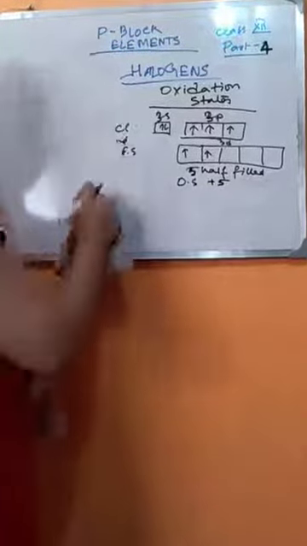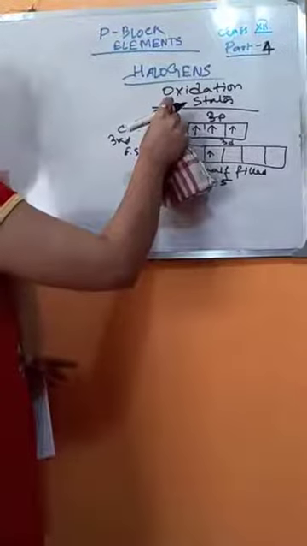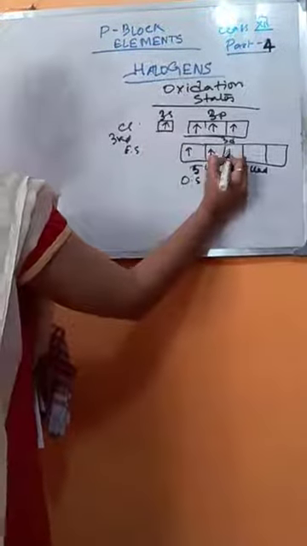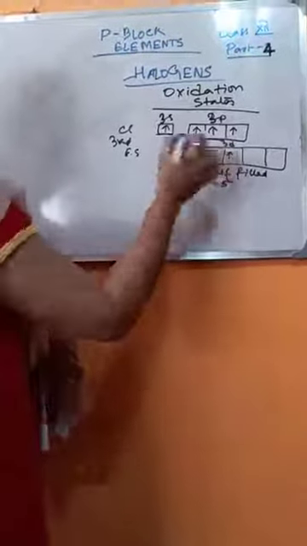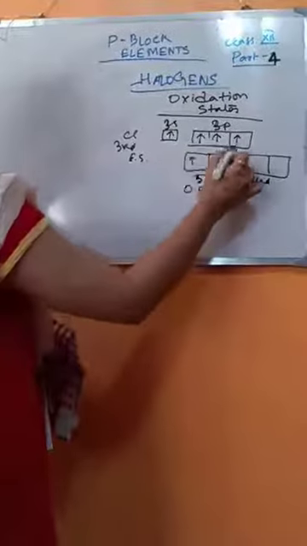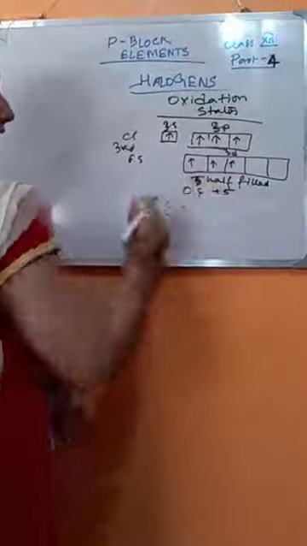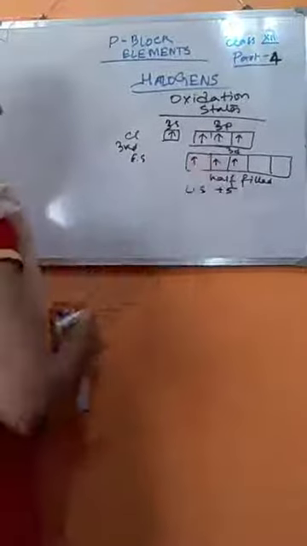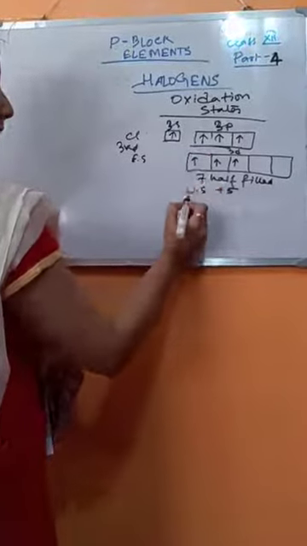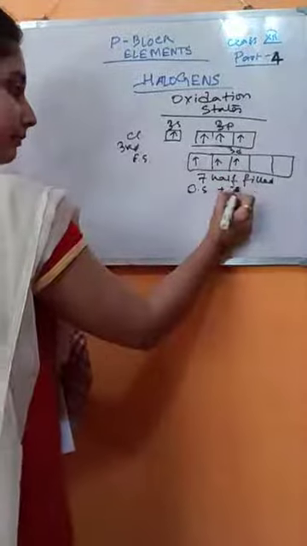Now in the third excited state, another electron can be transferred to the higher energy d orbital, and a total of 7 bonds are possible, because there are 7 half-filled subshells. So the oxidation state can be +7.